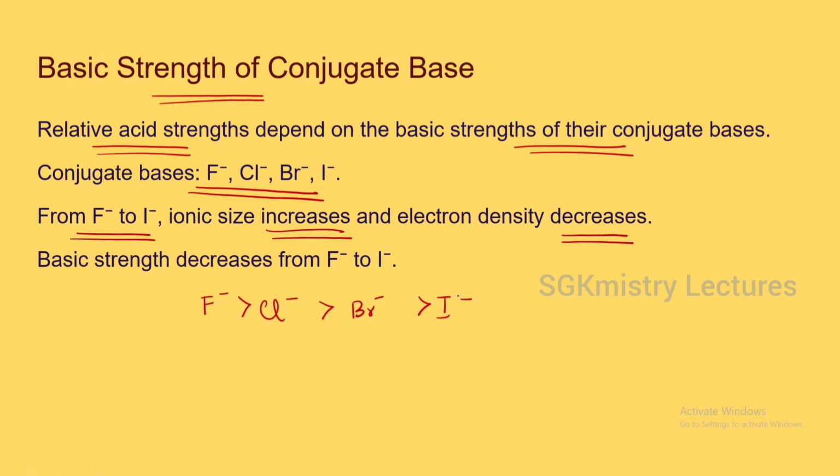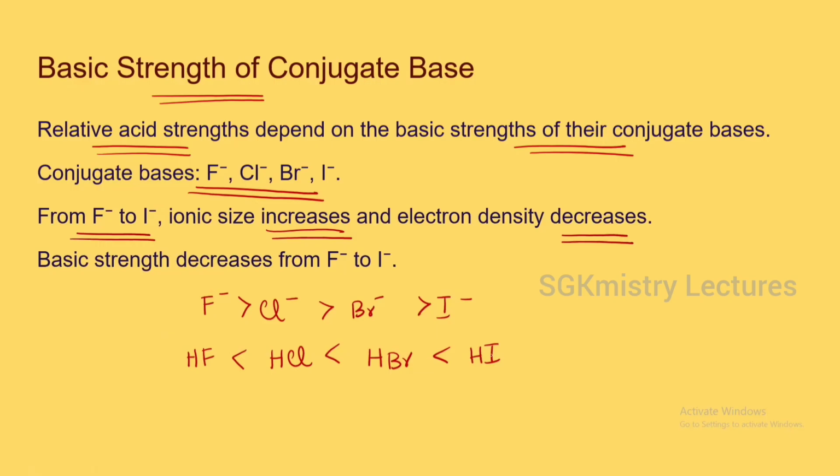Now, the stronger the conjugate base, the weaker is the acid. We already know that. So when talking about acidic strength, we can write that HF is less acidic when compared to HCl, which is less acidic when compared to HBr, and HI is the most acidic.